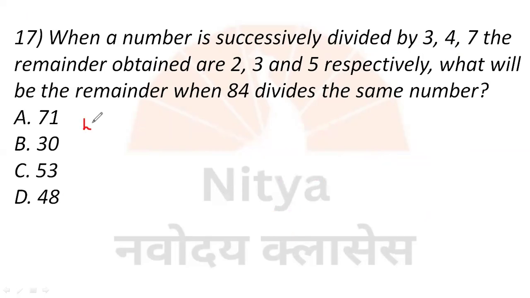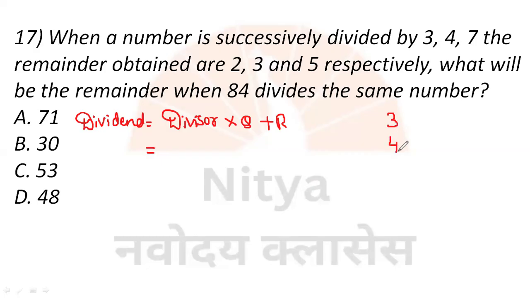That is, dividend equals divisor into quotient plus remainder. So the divisors are 3, 4, 7, and the remainders are 2, 3, 5. So here what is the divisor? The divisor is 7. You can take the quotient as 1, plus remainder.